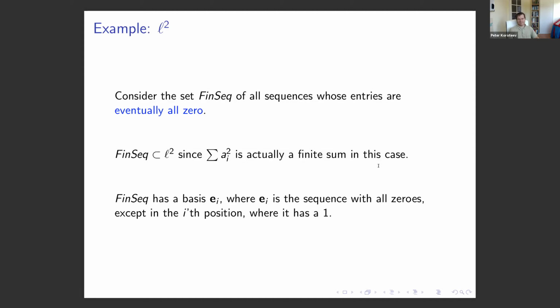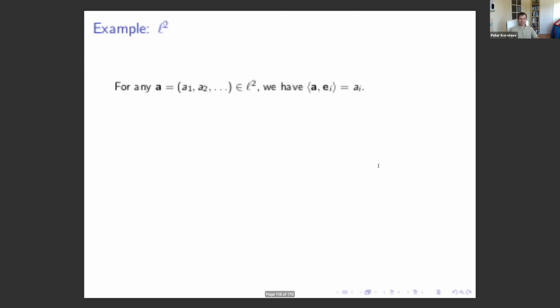The analog of the canonical basis here will be formed by vectors e_i, where e_i is a sequence of all zeros, except there's a one at the i-th position. Now, for any vector a from L2, we have the inner product of a with e_i equal to the coefficient a_i.